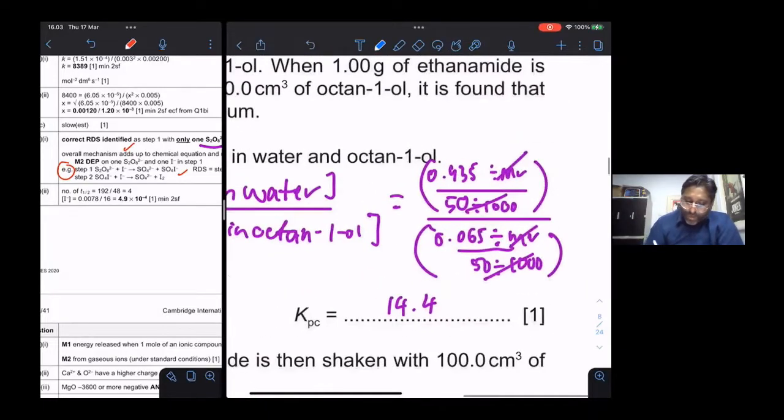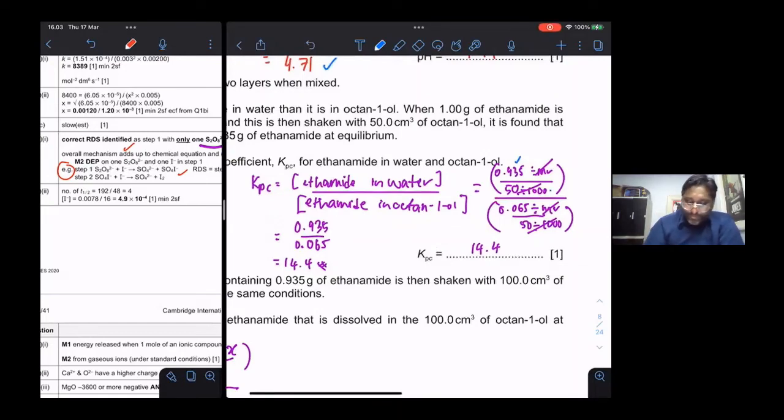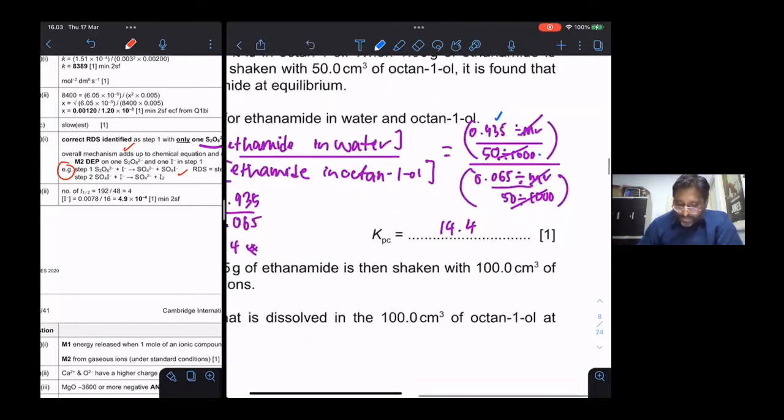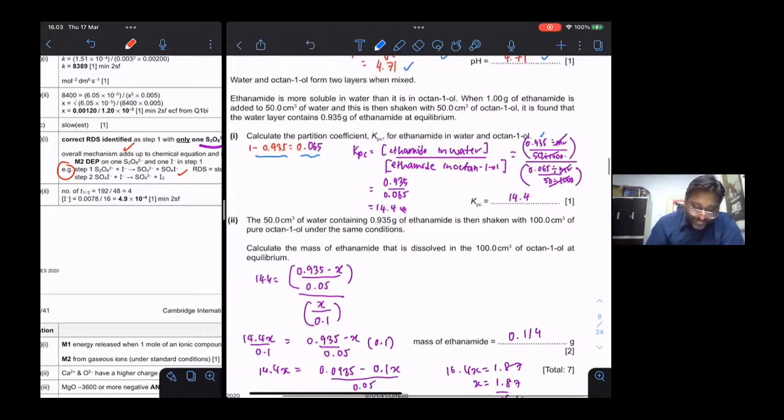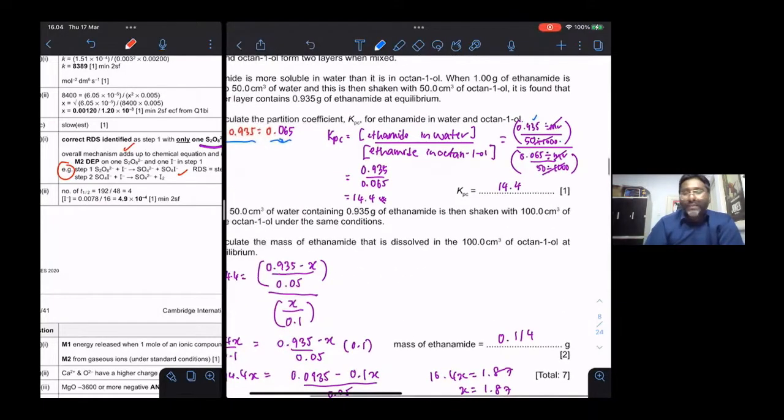Here I put 0.935 divided by Mr, but I don't put the Mr value, and then 50 divided by 1000, 50 cm³ changed into dm³. Then you have 0.065, which is in octan-1-ol, divided by Mr, and then divided by 50 divided by 1000, still 50 cm³.